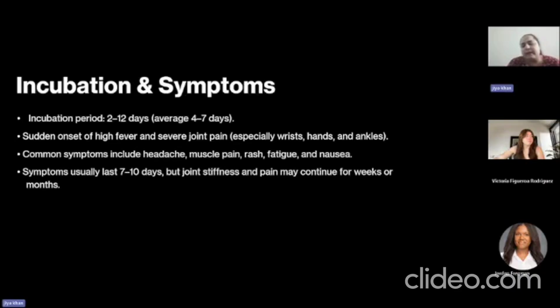Some people may develop rashes, headache, muscle pain, and fatigue. The symptoms typically last for a week or two, but joint pain and stiffness can continue for several months. Typically in older adults, although it can be very painful, chikungunya rarely causes serious illness, and the symptoms usually last 7 to 10 days.